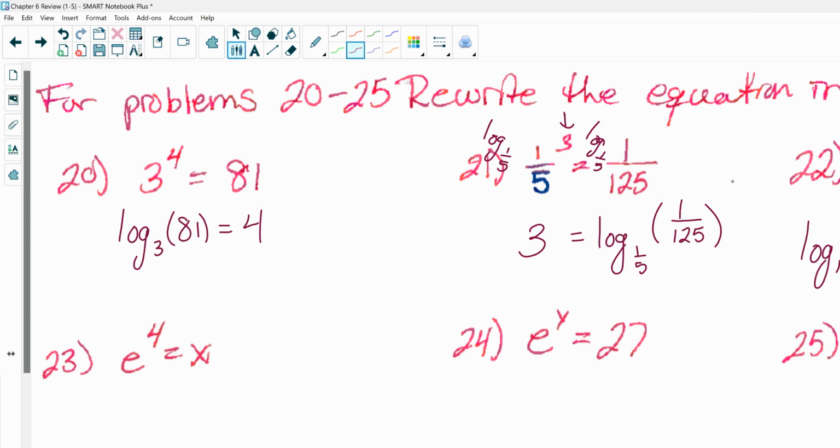That's it. So it's just the exact opposite of what we did to go from logarithmic to exponential. Now we're just going back.